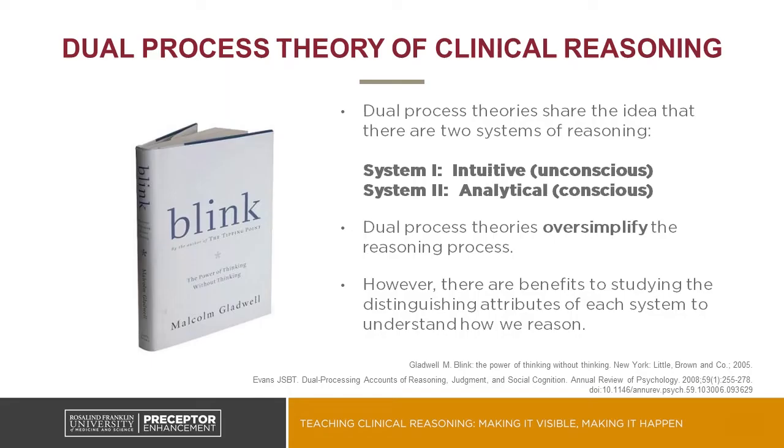And when we make thinking visible, it really helps us to see where our successes and our failures are in reasoning. And this is so important for ourselves and for our students. And in fact, the most pervasive types of theories found in the cognitive and social science literature and the medical literature incorporate this dual process framework to explain how we think.